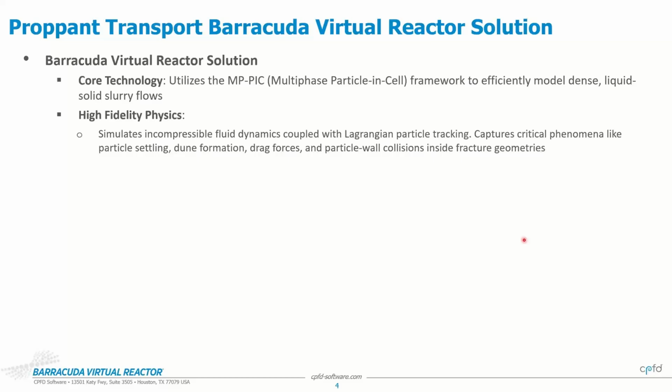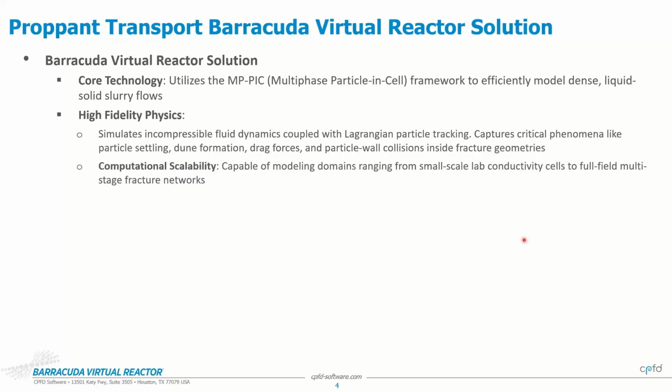The fluid is dragging the particles, and then it experiences a force back on it. You have particle-particle contact interactions going on. You have particle-particle frictional interactions going on once the bed settles down. And then you also have the particle and the fracture walls interacting with each other. So all of this phenomena is happening simultaneously, and you want your code to be able to capture that, which is what Barracuda is built to do, and it does that.